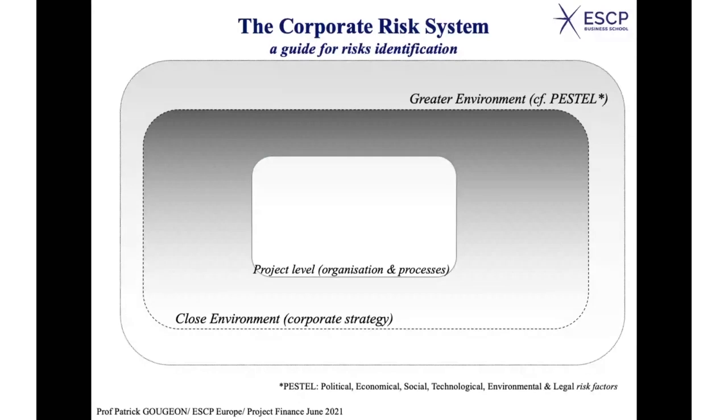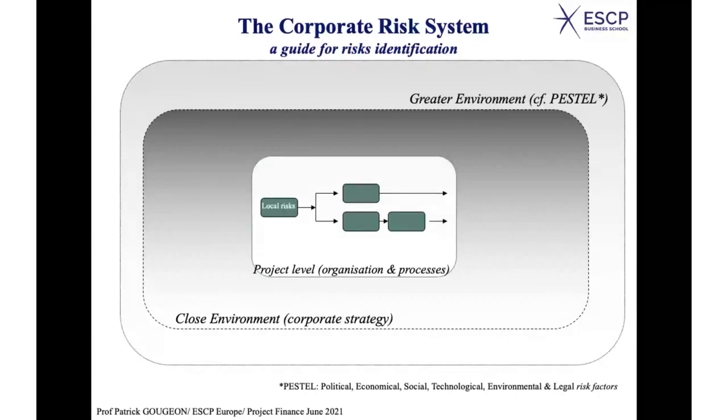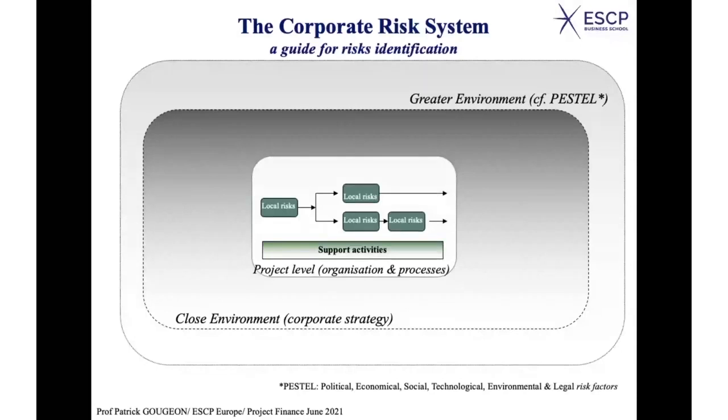The first one is at the project level, within the project company itself. You look at all the processes in place, the different technologies which are used, the different entities. It may be different workshops, different facilities, and so on. And you also have networks connecting all these local risks. Okay, this is something that engineers are good at.